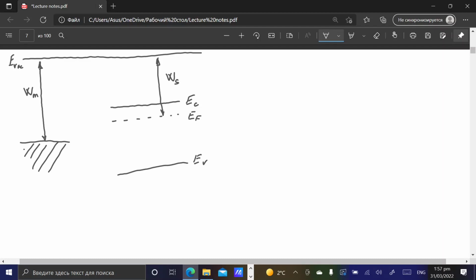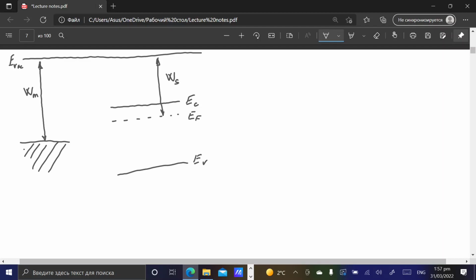We have flows from both sides, because definitely some electrons will go out from the metal and some electrons will go out from the semiconductor. However, what we need to care about is the net current, the net exchange of electrons between these two materials.